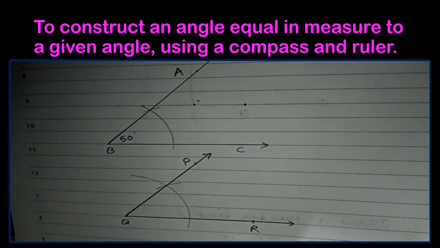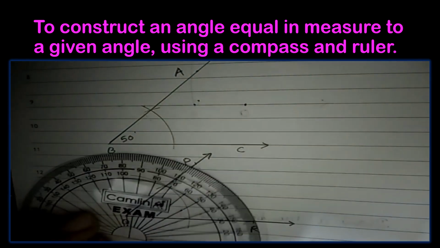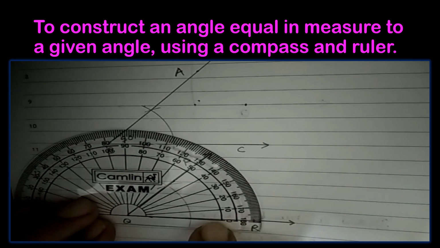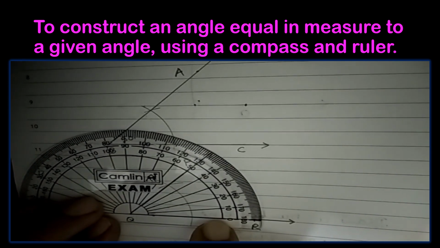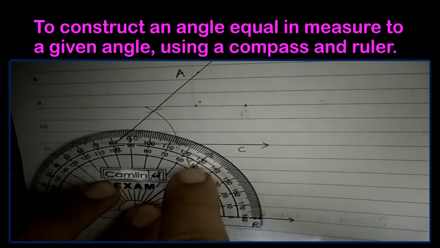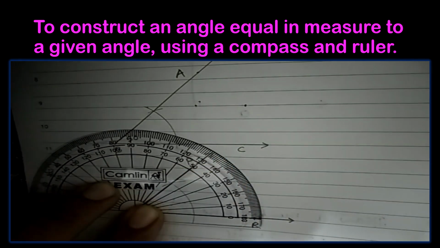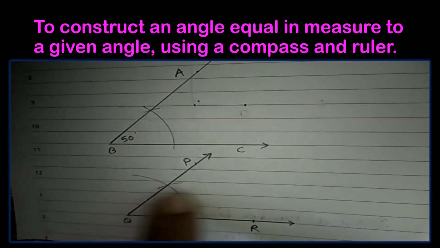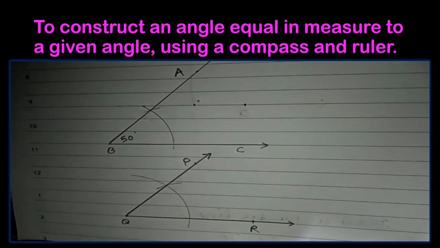So let's verify whether it is 50 degree or not. So if I keep the protractor over here, you can clearly see that it is showing 50 degree. So we can construct an angle which is equal in measure without using a protractor.